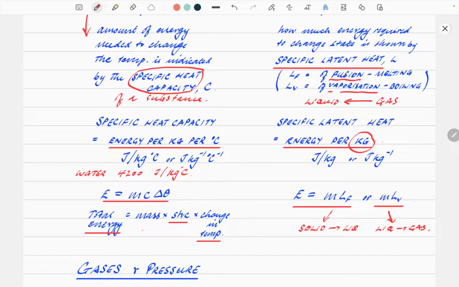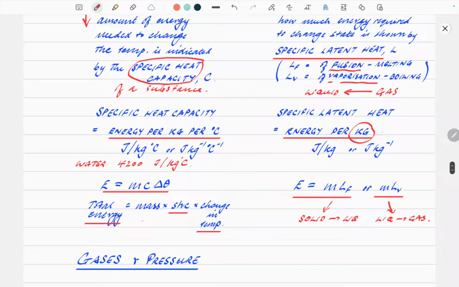The specific heat capacity of water, as an example, is 4,200 joules per kilogram per degree Celsius. So, for example, if I had half a kilogram of water, let's say M equals 0.5 kilograms, and I want to heat it up from 20 degrees to, let's say, 90, probably about right for a cup of coffee, then the amount of energy required will be your MC delta theta.